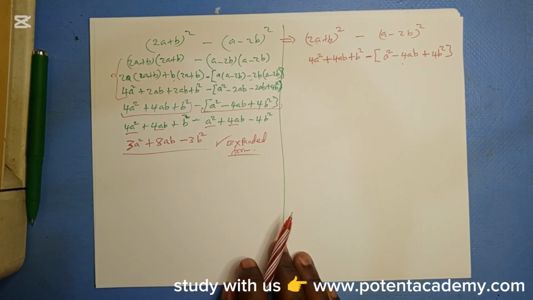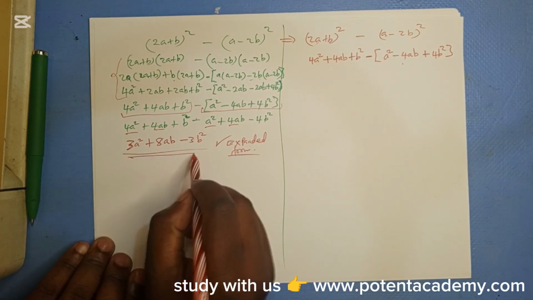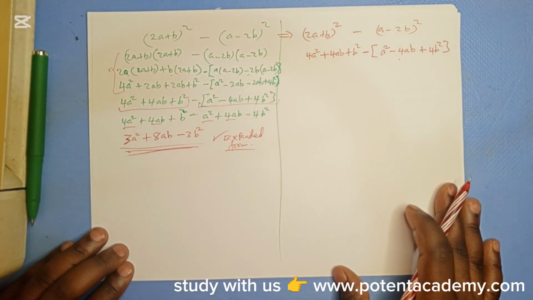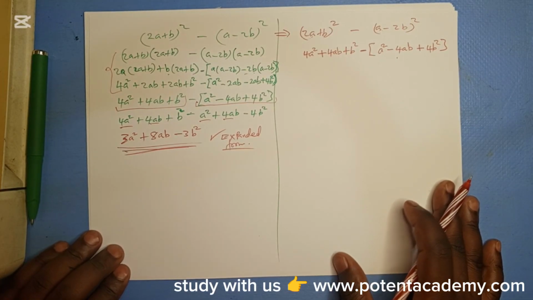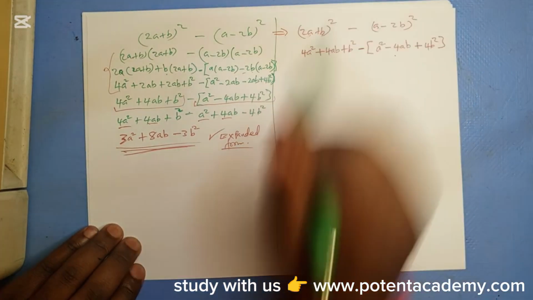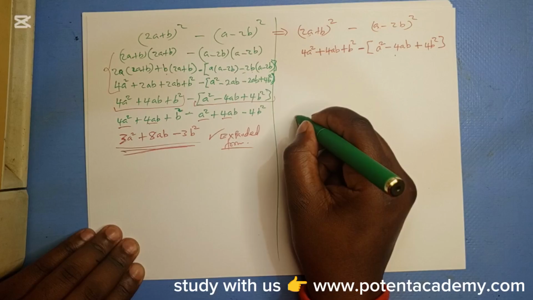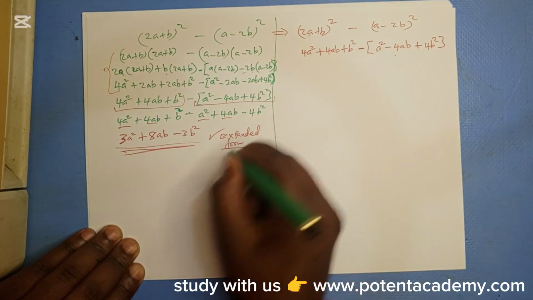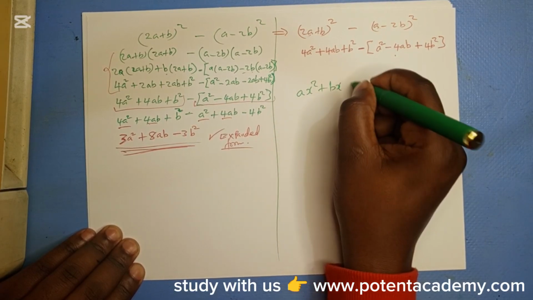Now, I want us to go back to this point. We are factorizing, sorry, because this is the expanded form. To factorize this, you need to recognize it is in the form ax squared plus bx plus c.